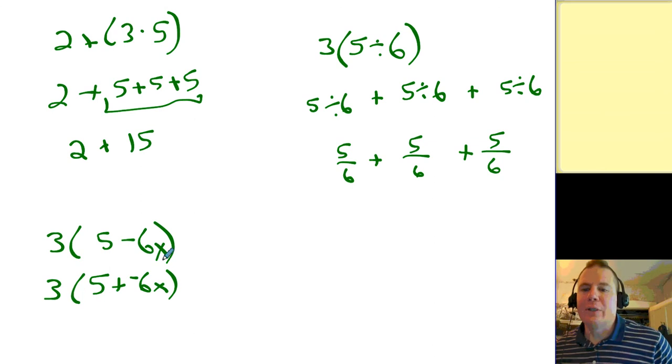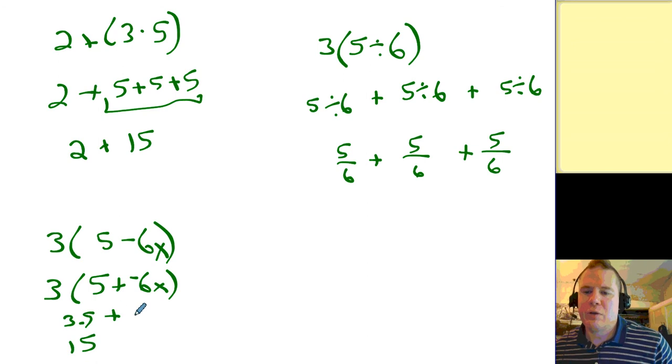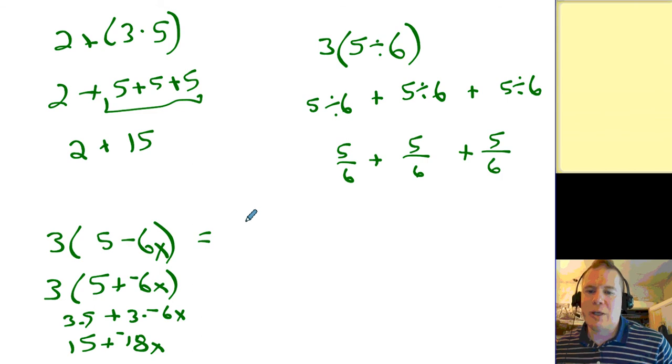And now it is distribution, right? 3 times 5, 15. 3 times the opposite of 6x. So 3 times 6 is 18, but I want the opposite. Now for my final answer, plus negative does not look as nice as minus, so I'm going to write it as 15 minus 18x.